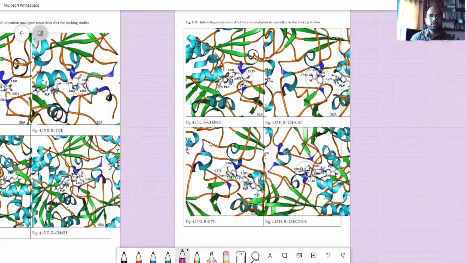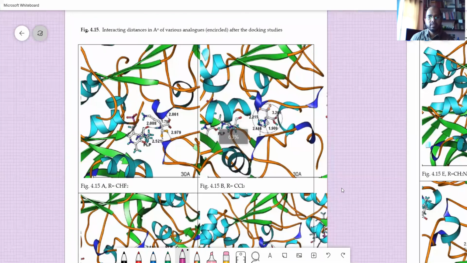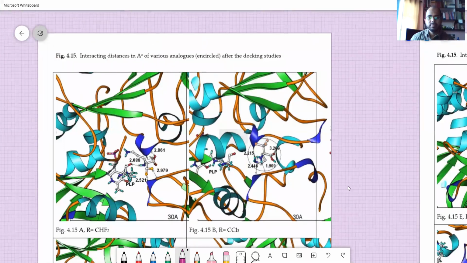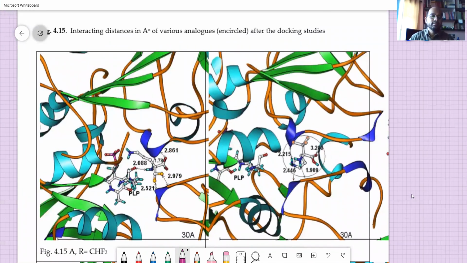Let me directly go to the pictures there. These are all amino acids. So this is our molecule.